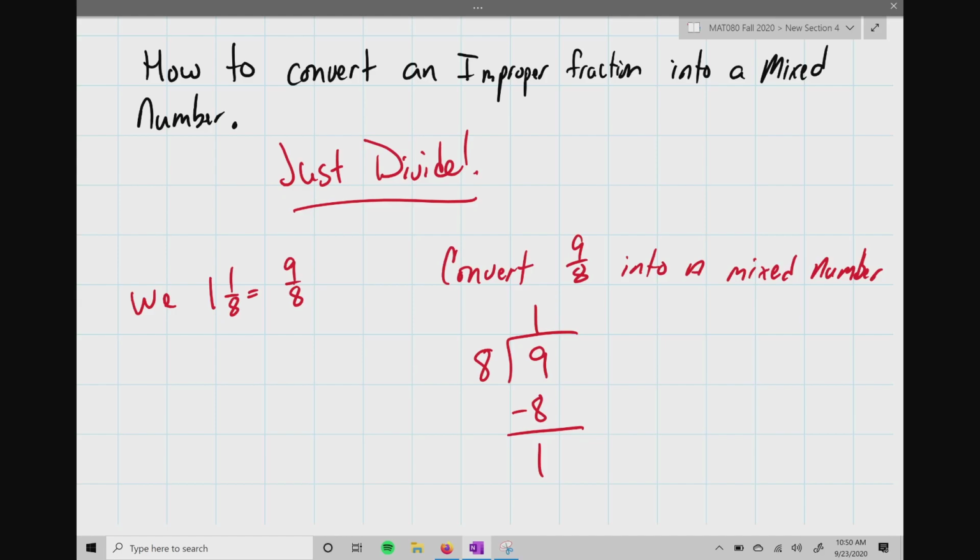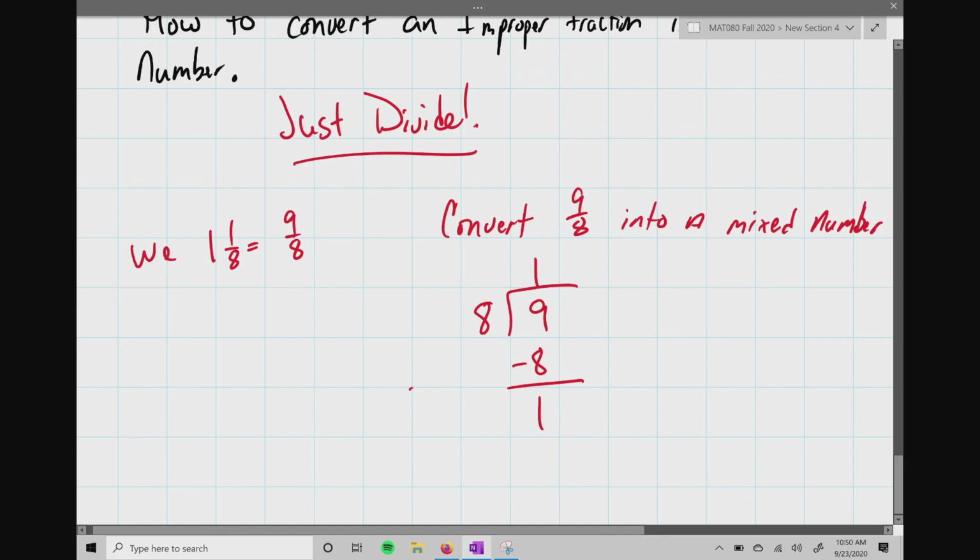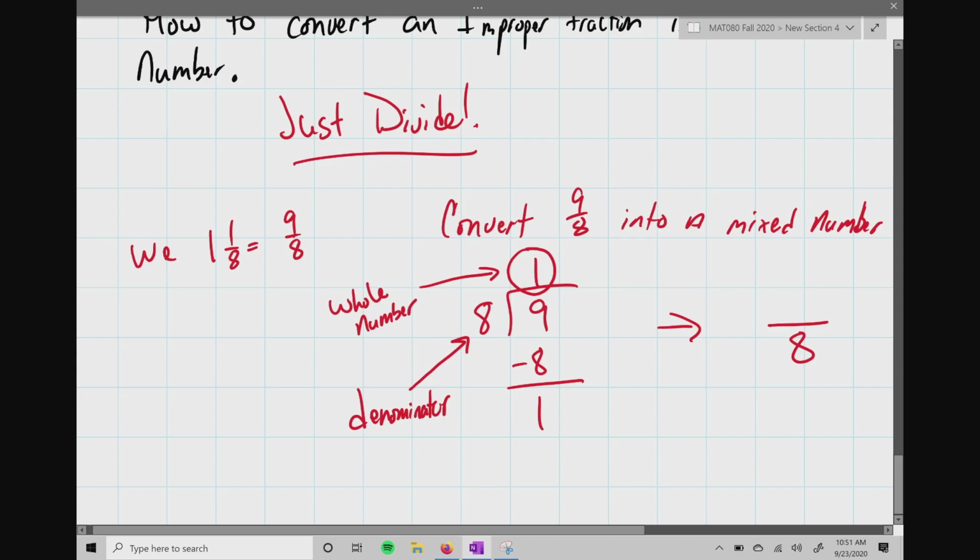All I'm going to do here is just label things, okay? First, the 8 is going to be my denominator. Okay? This number 1, and it will always be the quotient. The quotient will always be your whole number.